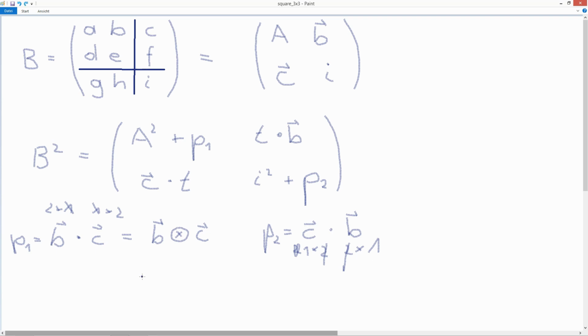The last thing I have to explain is the value T. In the 2 times 2 case, it was the trace of this matrix here. Here it is very similar.